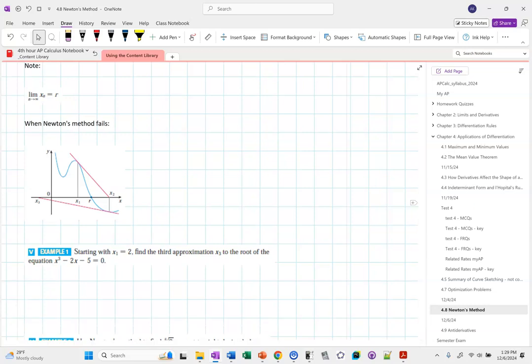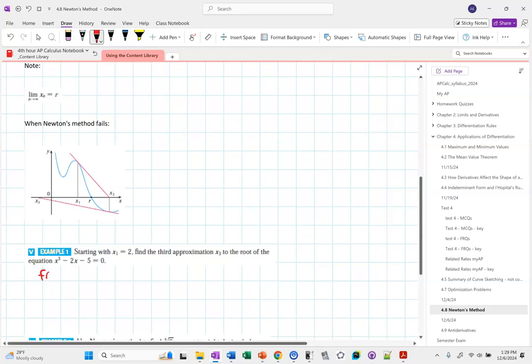Let's run through an example here. The way I like to do this is I would set this up on my calculator as a recursive thing where I'm just going to do some second and enters and go from there.